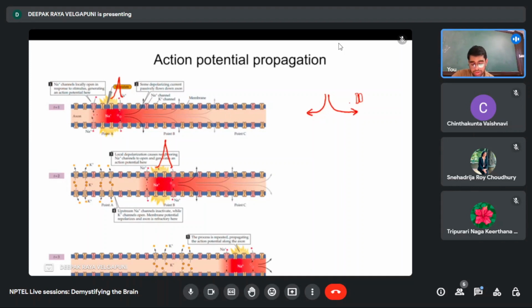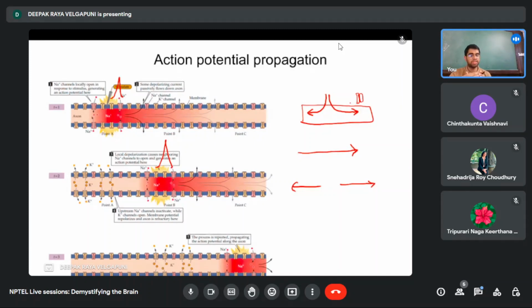And one more thing is, although ions move in both directions, why does the action potential not travel bidirectionally? It's only traveling down the axon, not to both sides. So the answer for that is, since there is an action potential already generated, the previous location is still in the refractory period, where you cannot fire an action potential.